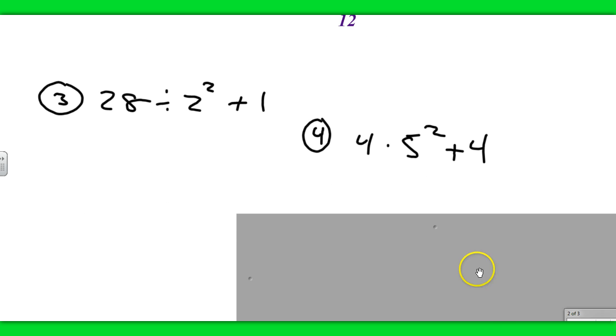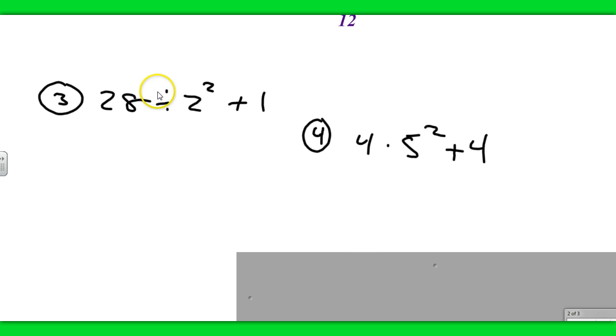Okay, so the first one, we again have an exponent there, so we have 28 divided by, I'm going to have to use a fraction bar to show that, 2 squared, which is 4, plus 1. Okay, so now what do we do first? Do we do the division or the addition? Well, PEMDAS, recall PEMDAS says multiplication and division first.